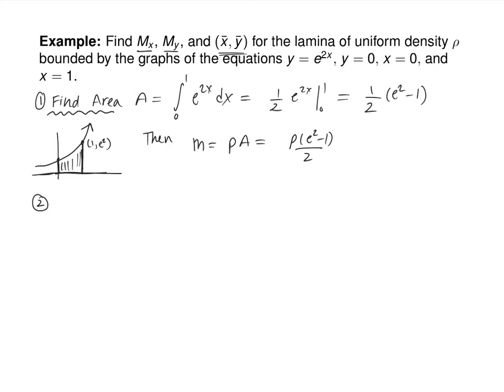Ready to find mx? Okay. So mx is the integral from 0 to 1. Now that's the one that's rho over 2, f of x squared minus g of x squared.